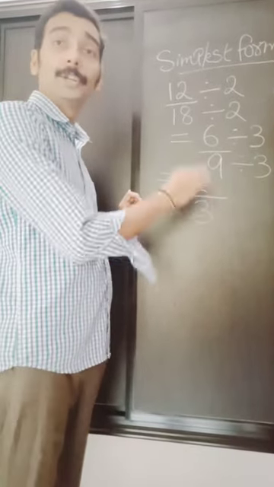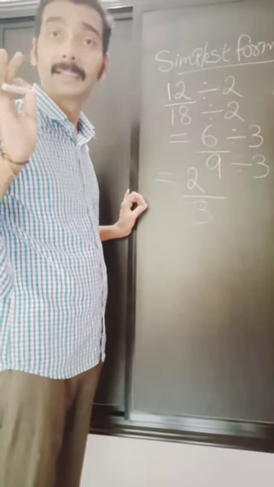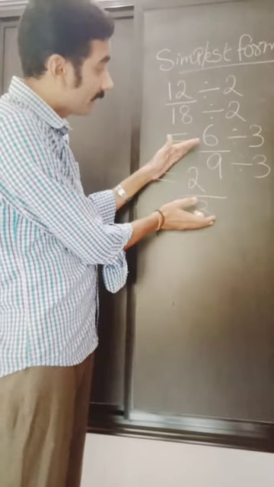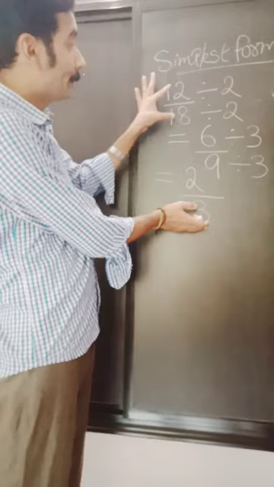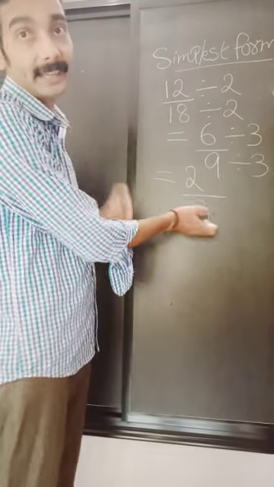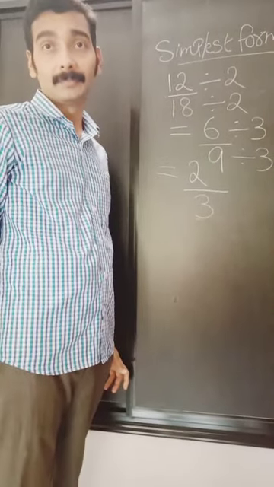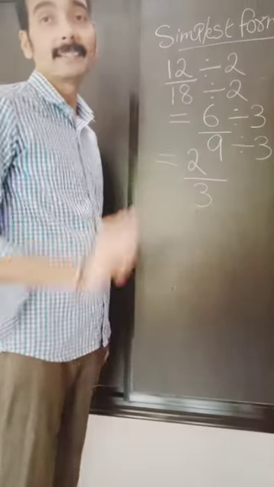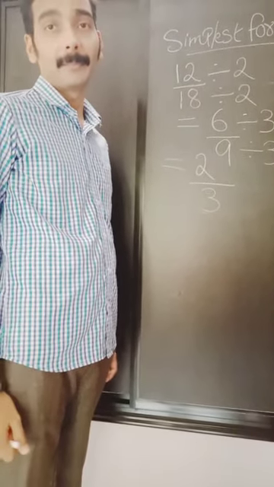The result is 2 by 3. Clear? 2 by 3 is the simplest form of 12 by 18. Okay, this is the final result.